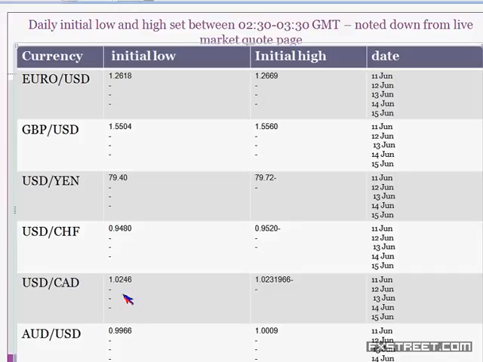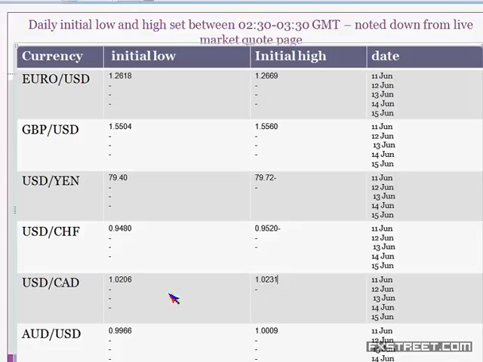Now, in the case of Canadian dollar, 1.0246. Sorry, I think I messed up. 1.0206 is the initial low, and 1.0231 is the high, and they have not breached the low or the high.